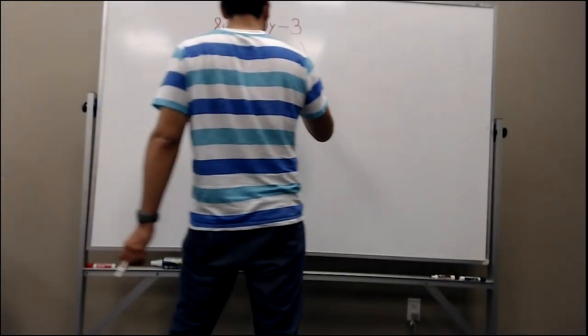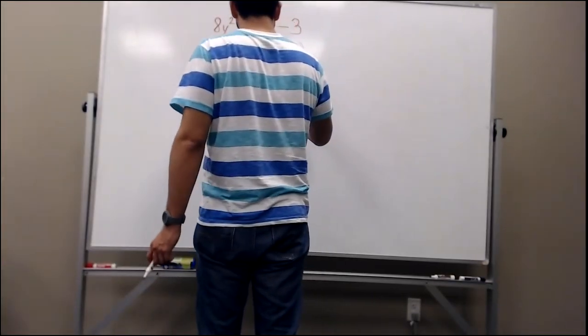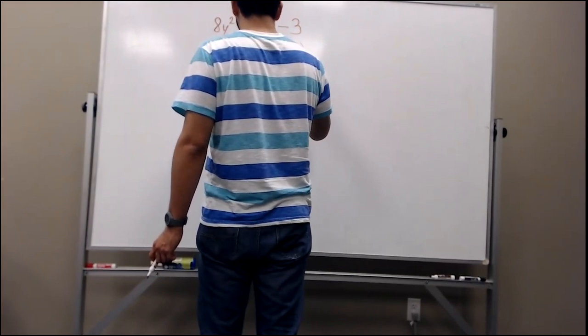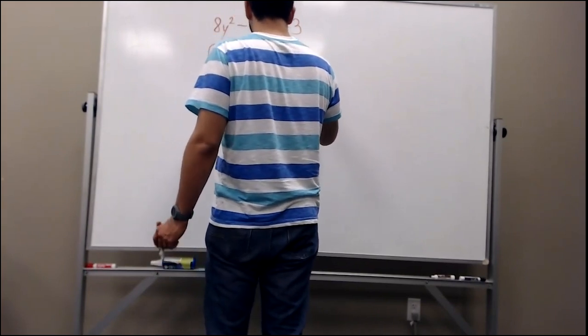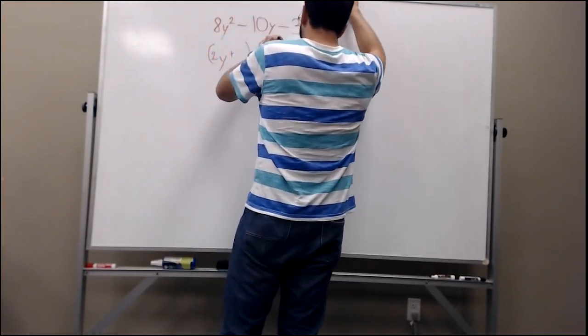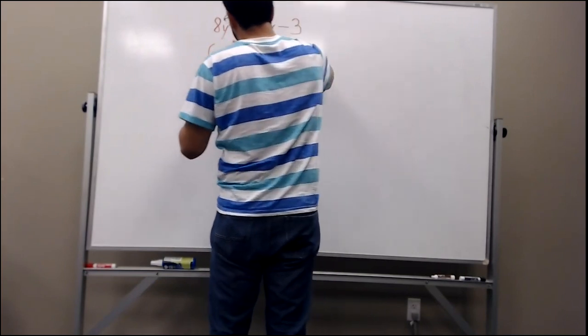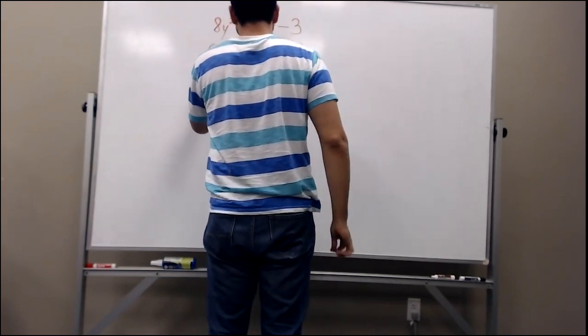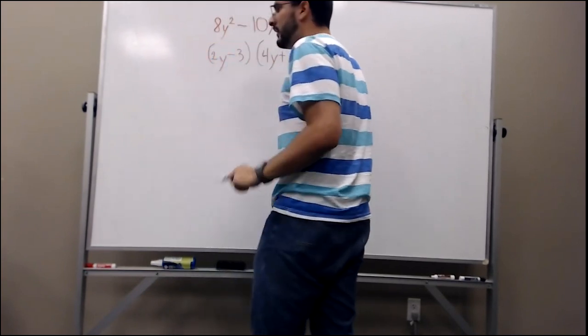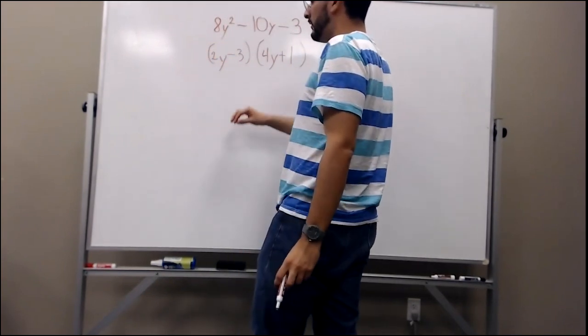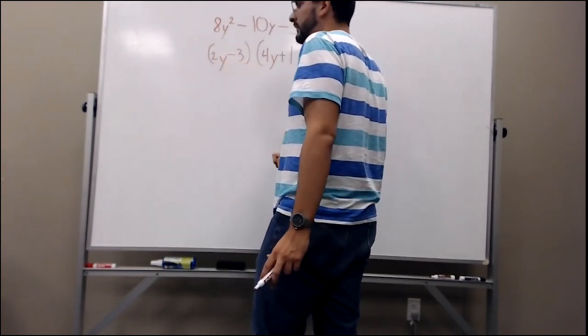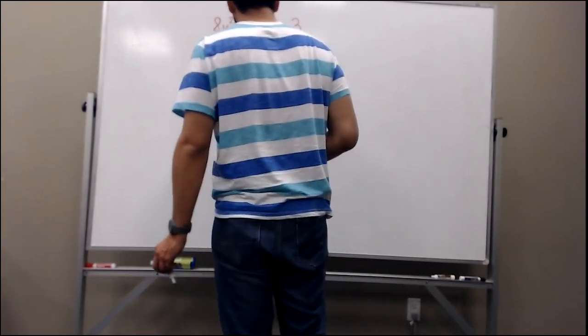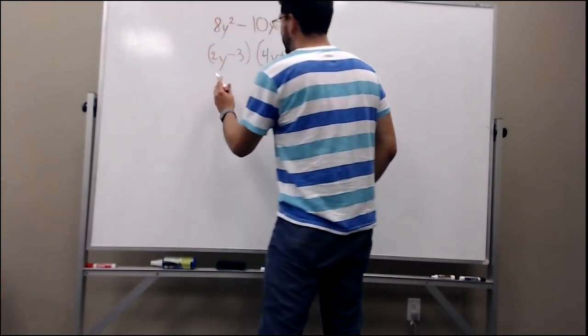Why don't you do that? 4y plus 1, put a plus 1 for that parenthesis, and 2y minus 3. Okay. Now, why don't you do that with the FOIL method? Multiply.